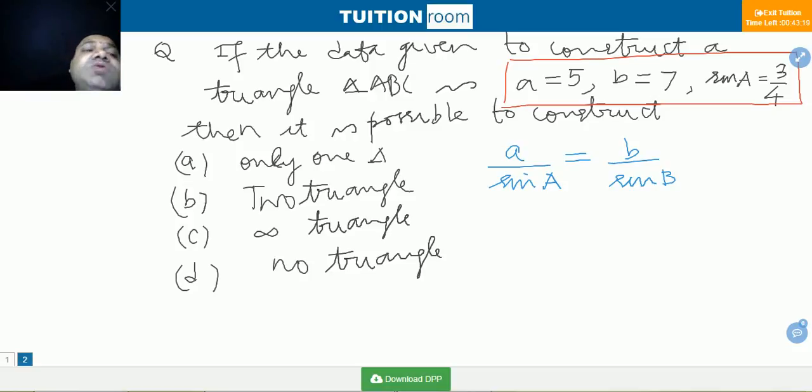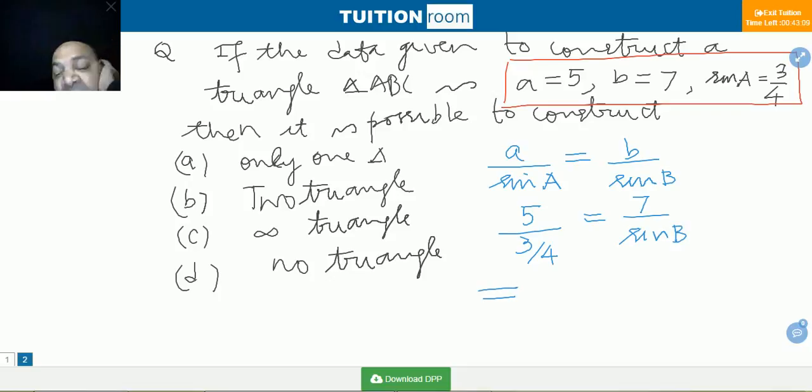a is given as 5, sine A is 3 by 4, b is 7. Sine B is 7 into 3 by 4 divided by 5, which is 21 by 20.